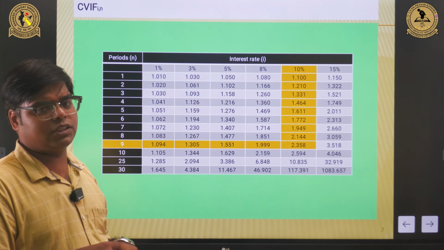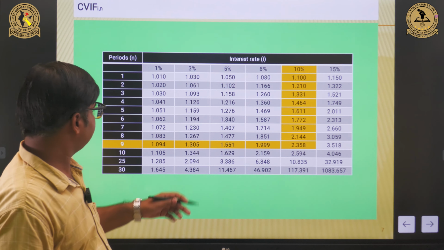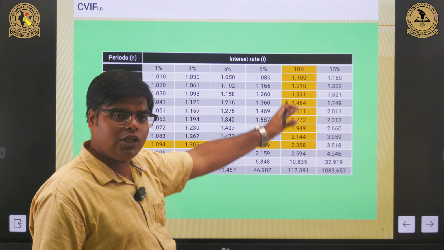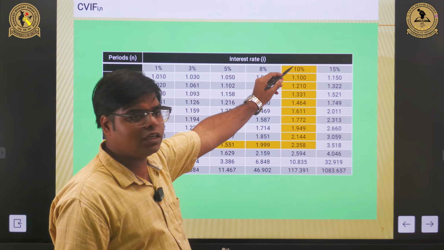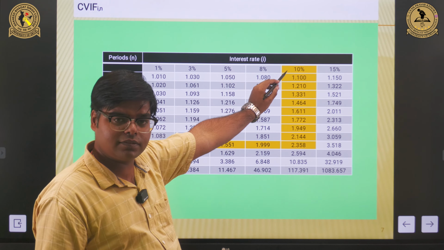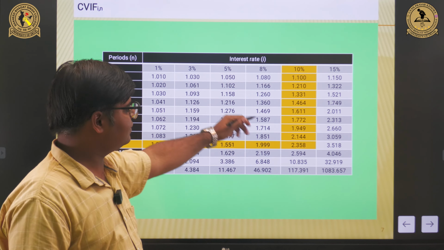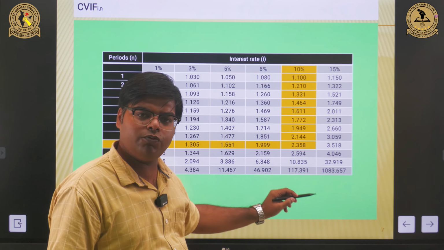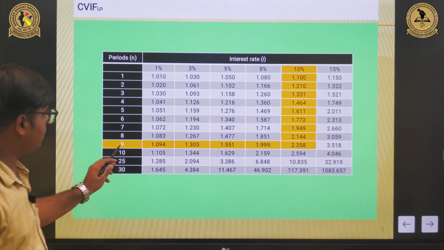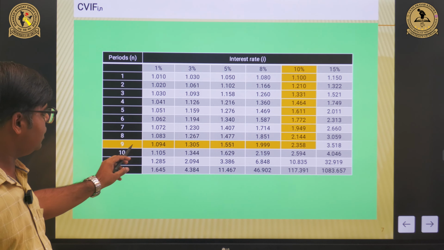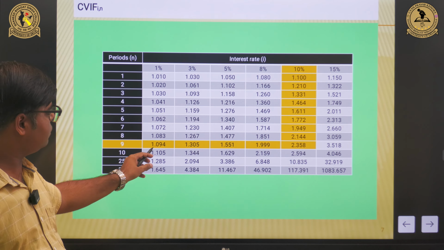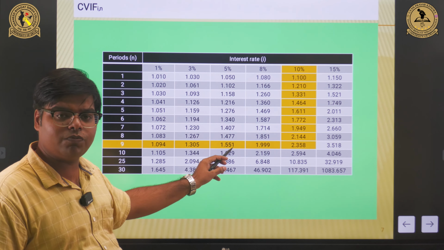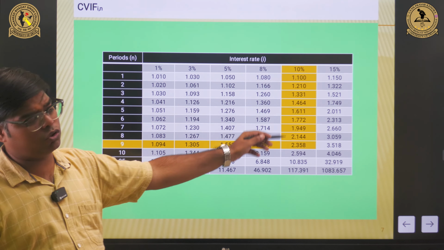By looking at this table, one thing you can notice that with the increase in the time period, the value increases at a given interest rate, say 10% in this case. So it indicates that longer the time period, higher will be the future value. Similarly, at a period 9, you can notice that the value becomes 1.094, 1.305, 1.551 and so on and so forth.